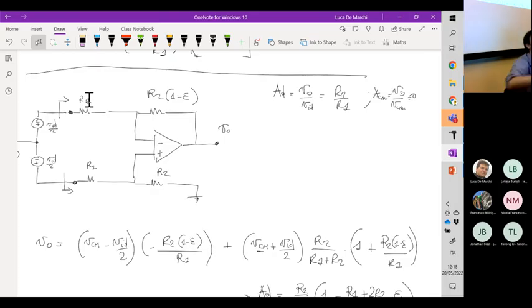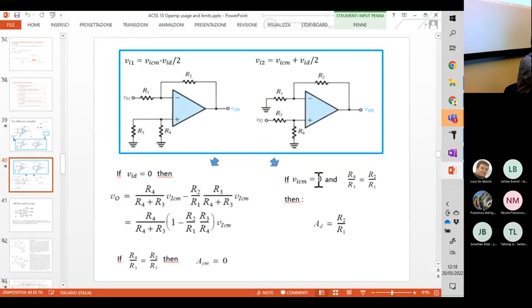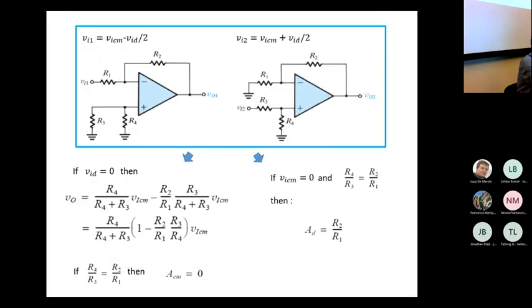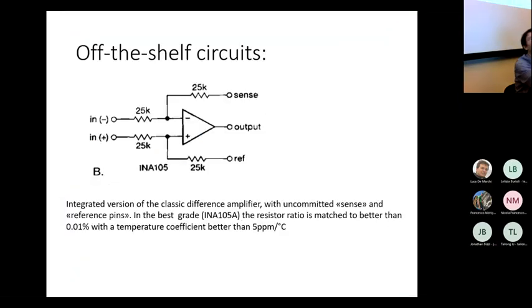So how can we cope with this problem? Well, one way is to rely on integrated circuits in which the resistor's value is predefined and well trimmed with accurate measurement procedures.